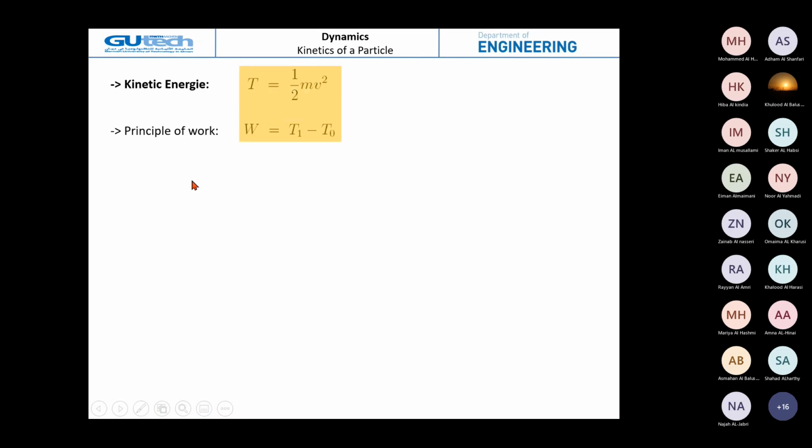Now we know by principle that the kinetic energy is always defined by this relation, half of the mass multiplied by v squared.